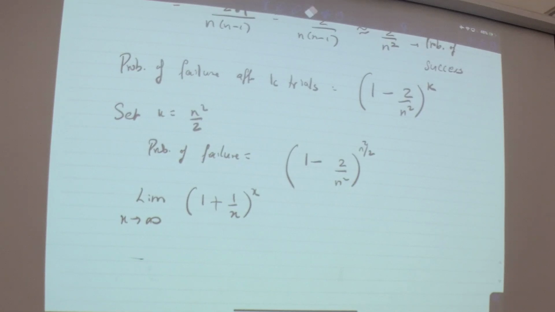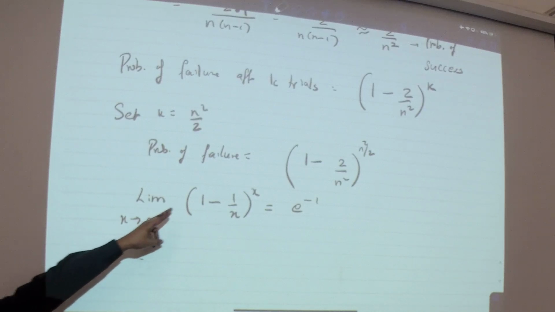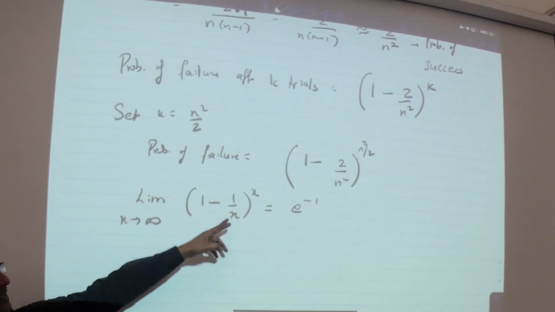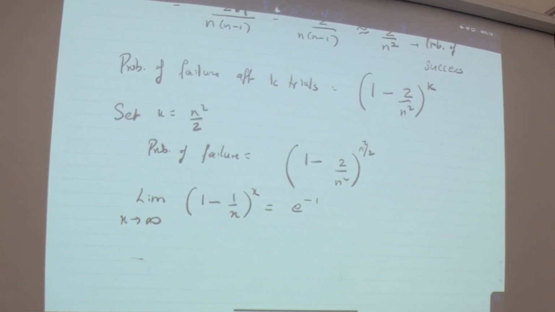This is the definition. The definition of e is the limit of x going to infinity of (1 plus 1 over x) to the x. Therefore, this is the definition of e to the minus 1. You could just put a minus sign. So if you didn't know this, you do now. This is probably the most important thing you need to know in all of randomness, because this will appear again and again and again.